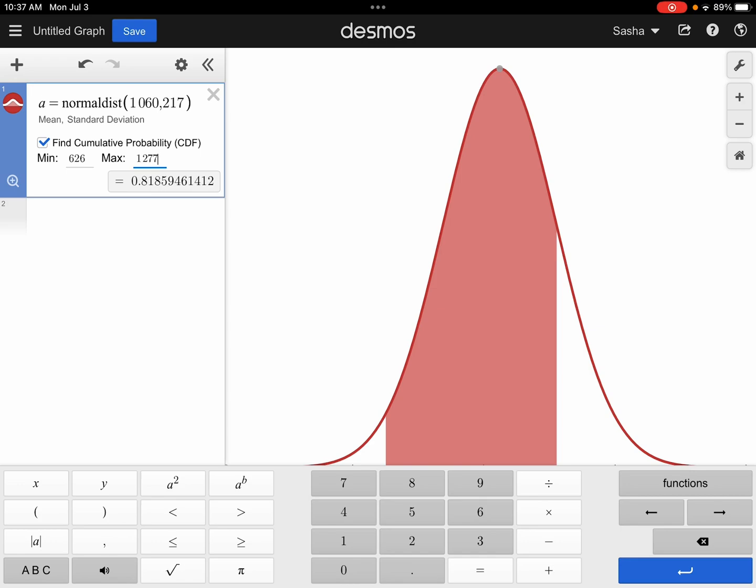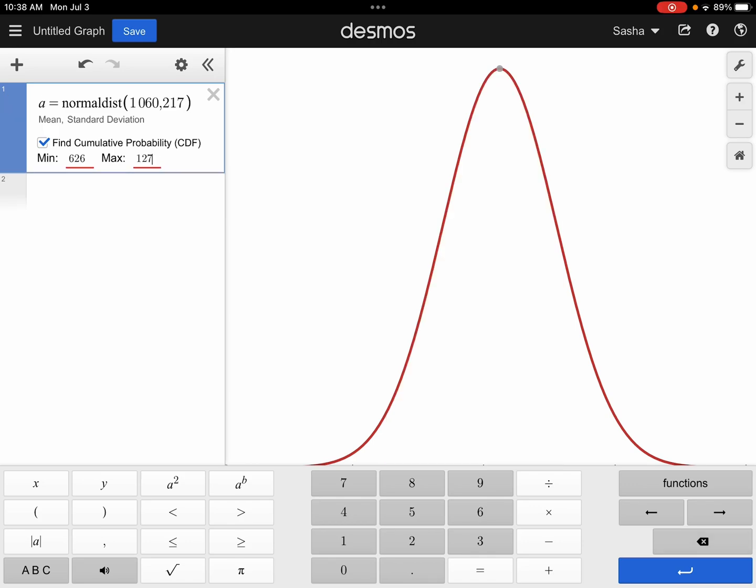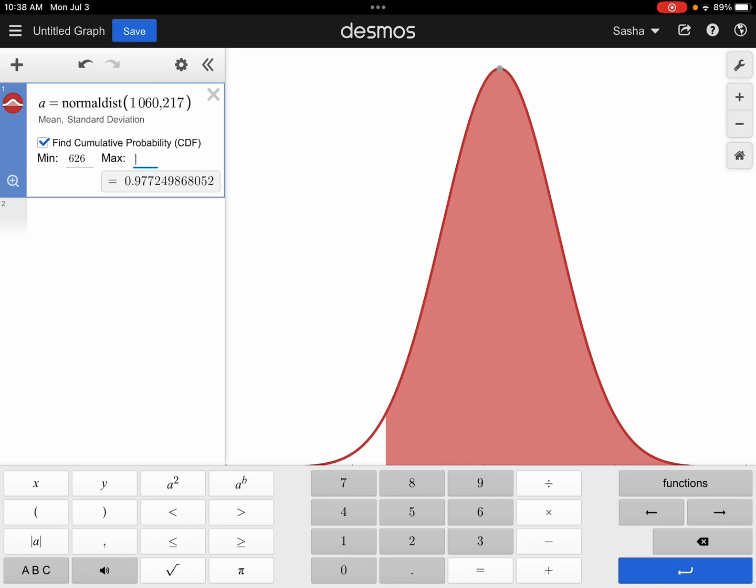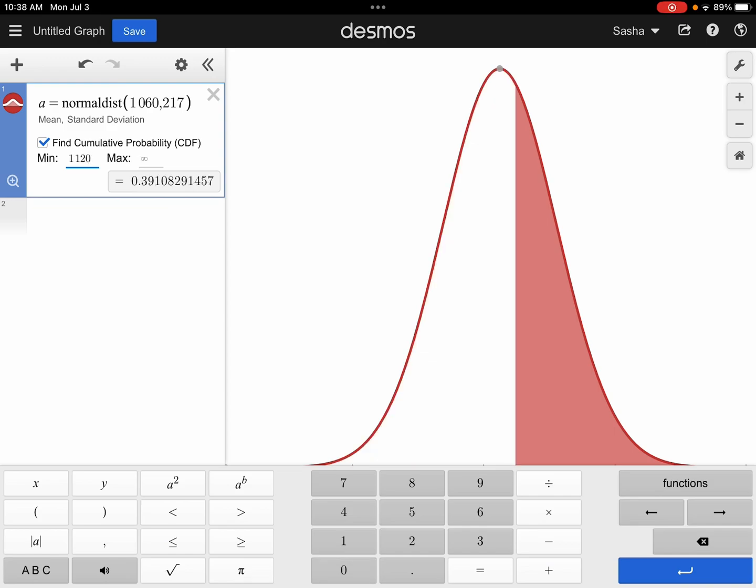All right, so let's get back to that ASU question. ASU was asking what percent of the people who took the SAT in 2021 scored high enough to get into ASU. In this case, we don't have a max value, we have a minimum value. It was that SAT score, which was 1120. If you look here, with my minimum score of 1120, I notice that's 0.391.